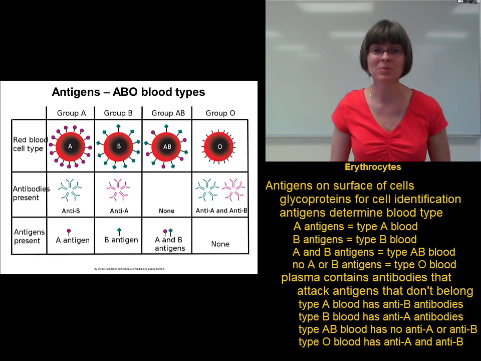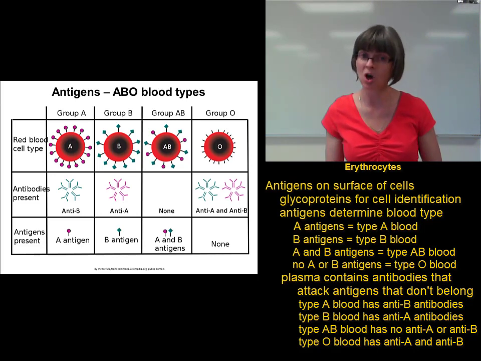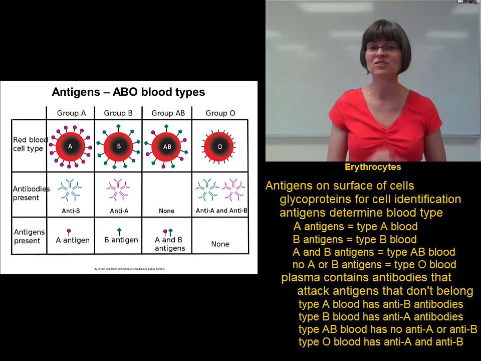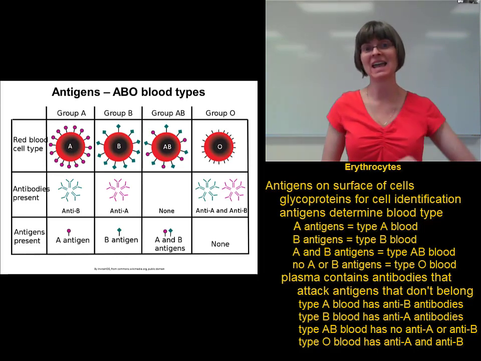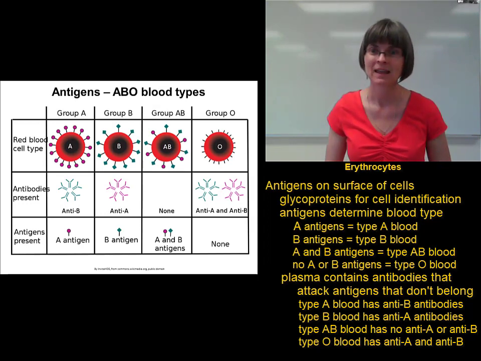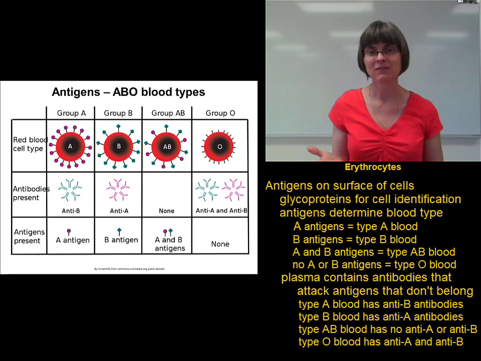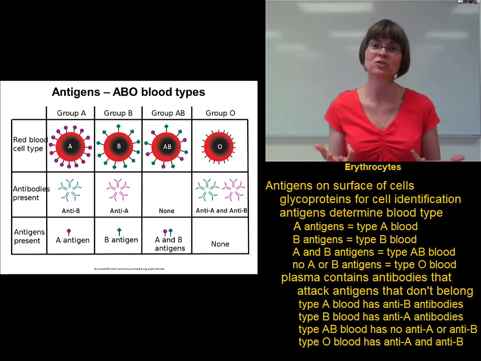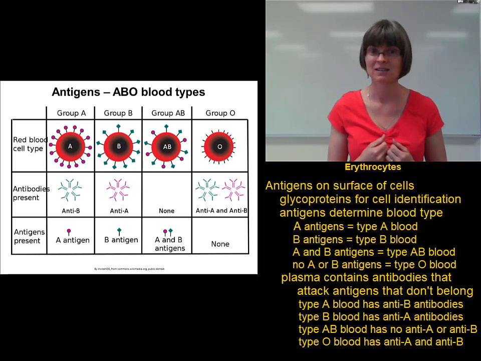Someone with type B blood, B antigens belong. A antigens do not belong. So someone with type B blood makes anti-A antibodies to attack and destroy any A that gets into their body. How about AB? If a person has type AB blood, which antigens belong? A and B. So are you going to make anti-A antibodies?